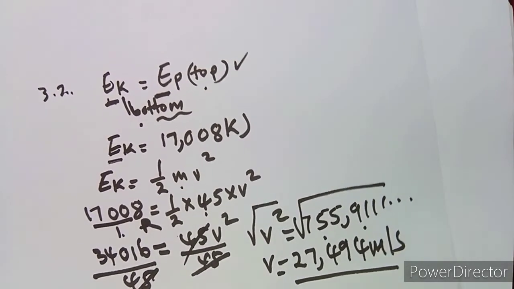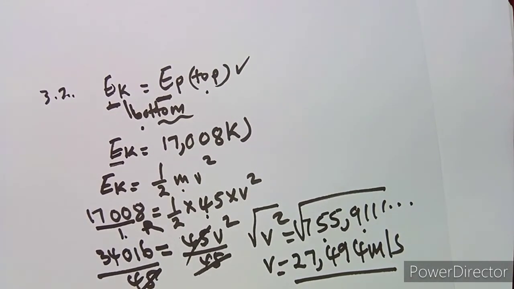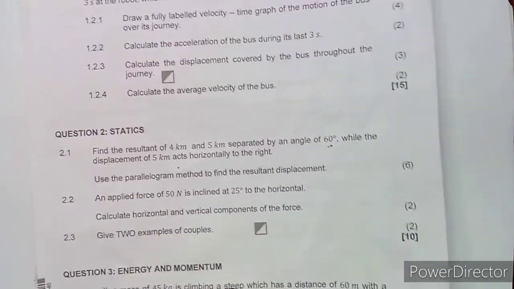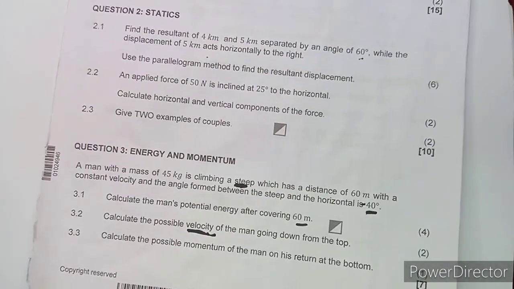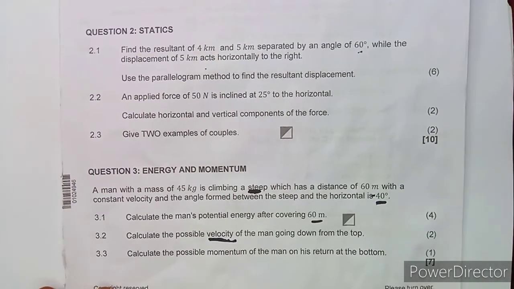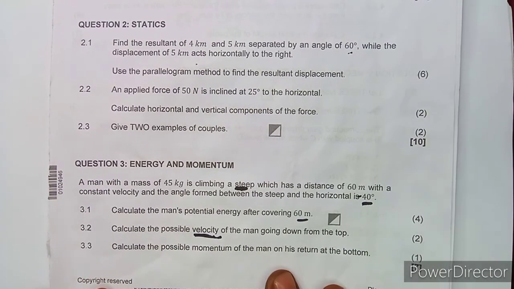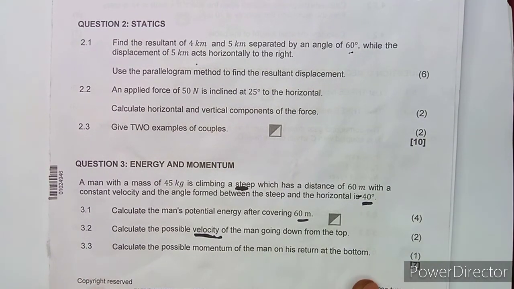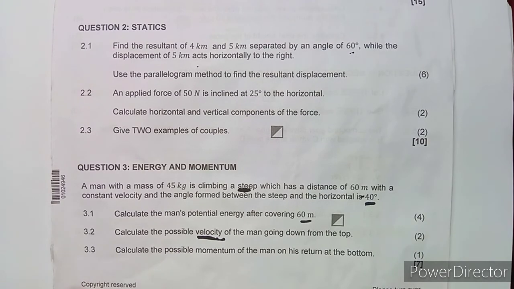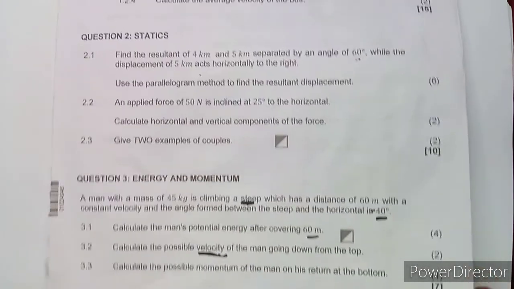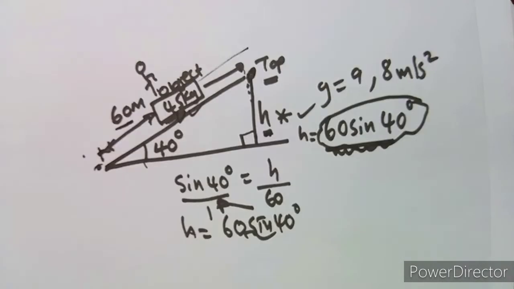Let's see the last question that we had. The other question was: calculate the possible momentum of the man on his return at the bottom. So what is going to be the possible momentum of the man, taking the diagram that we had here, guys?